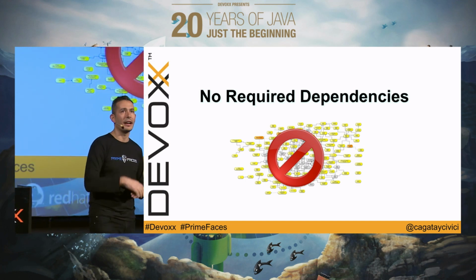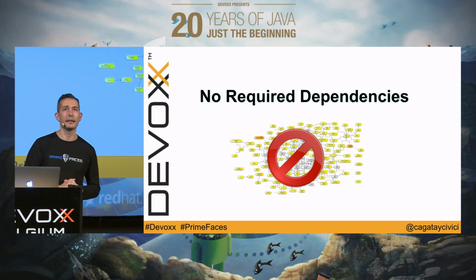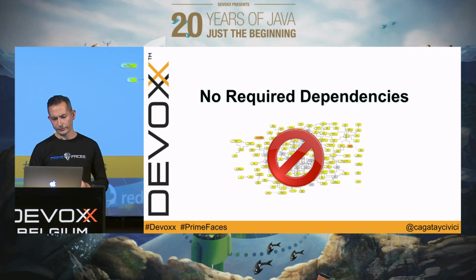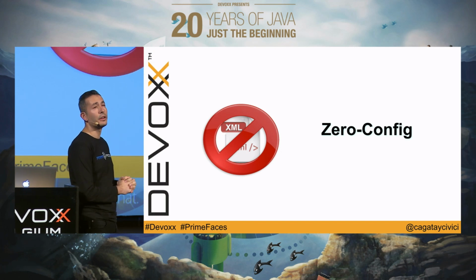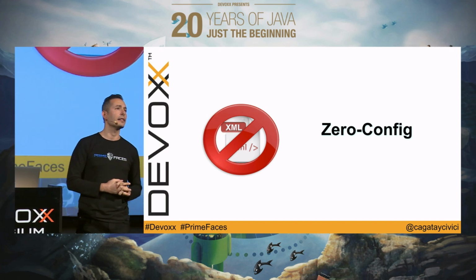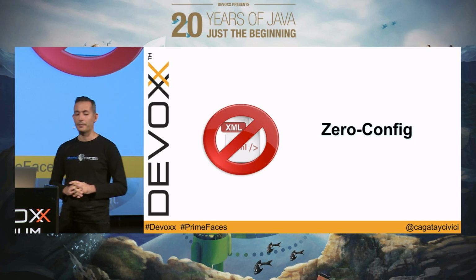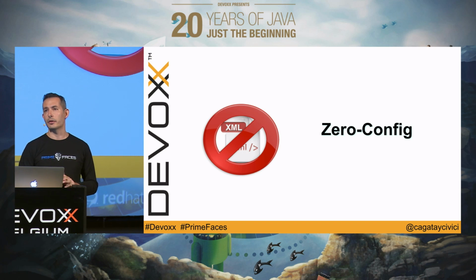You can just add the jar and go on with it. Of course, there are some optional dependencies, like for PDF export, there's a dependency to iText and so on. Another nice feature is that we are following Java's configuration by exception design. Everything is configured by default, but if you want to change it, you can change it easily. By default, you just need to add the library to your class path.